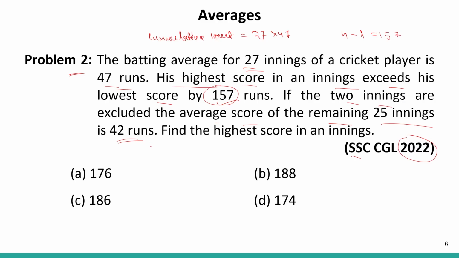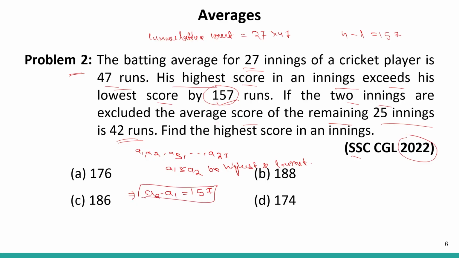So let those innings be, and the runs in those innings be A1, A2, A3, dot dot dot A27, right? Because there were 27 innings. And let A1 and A2 be lowest and highest respectively. So this implies that, given that, A2 minus A1 is equal to 157 runs.